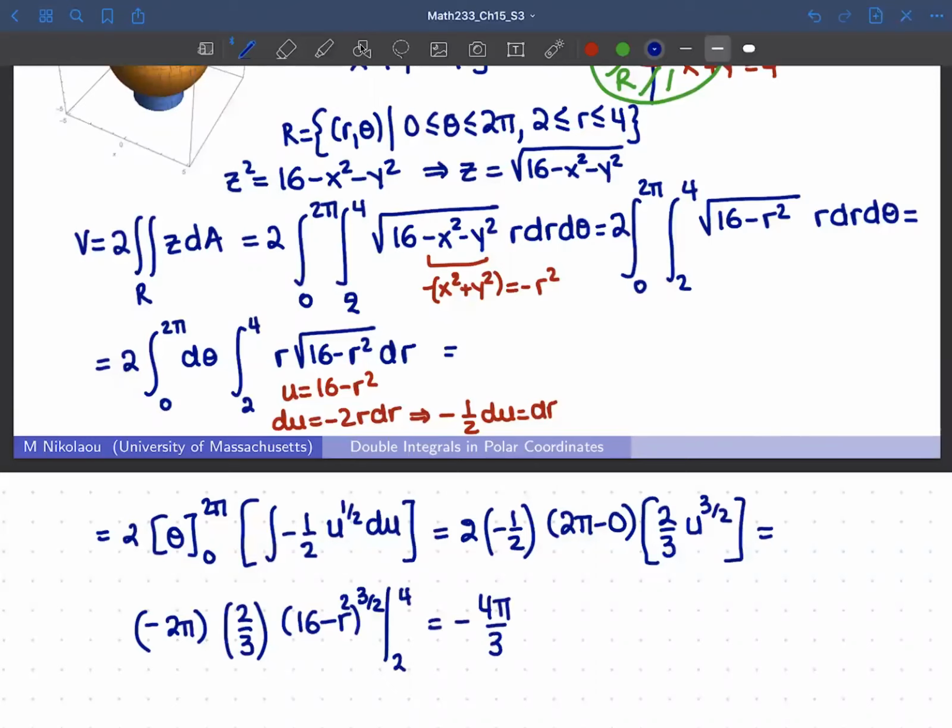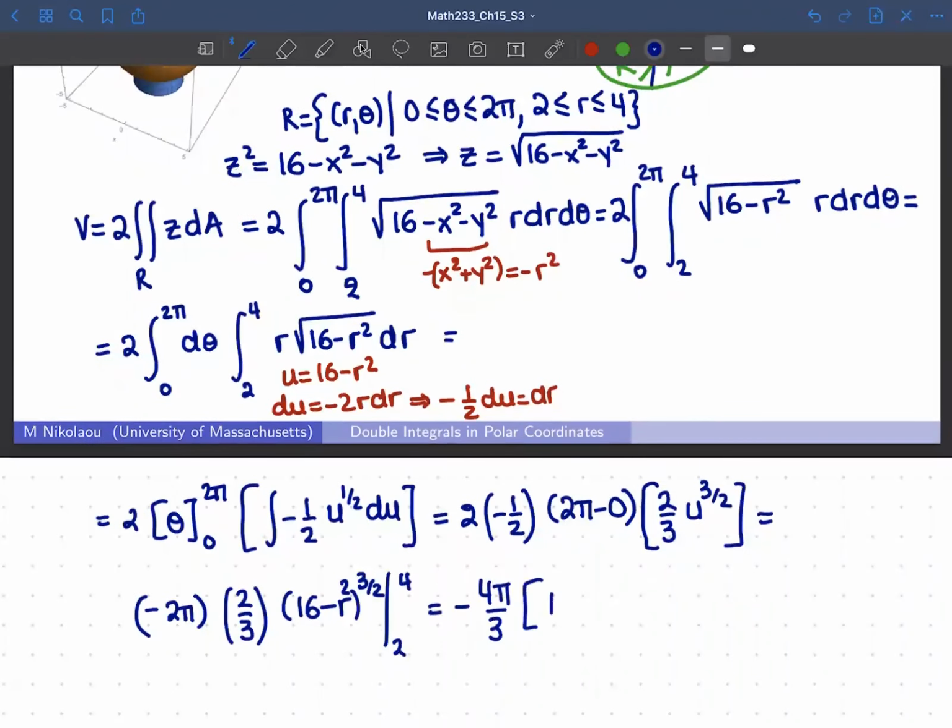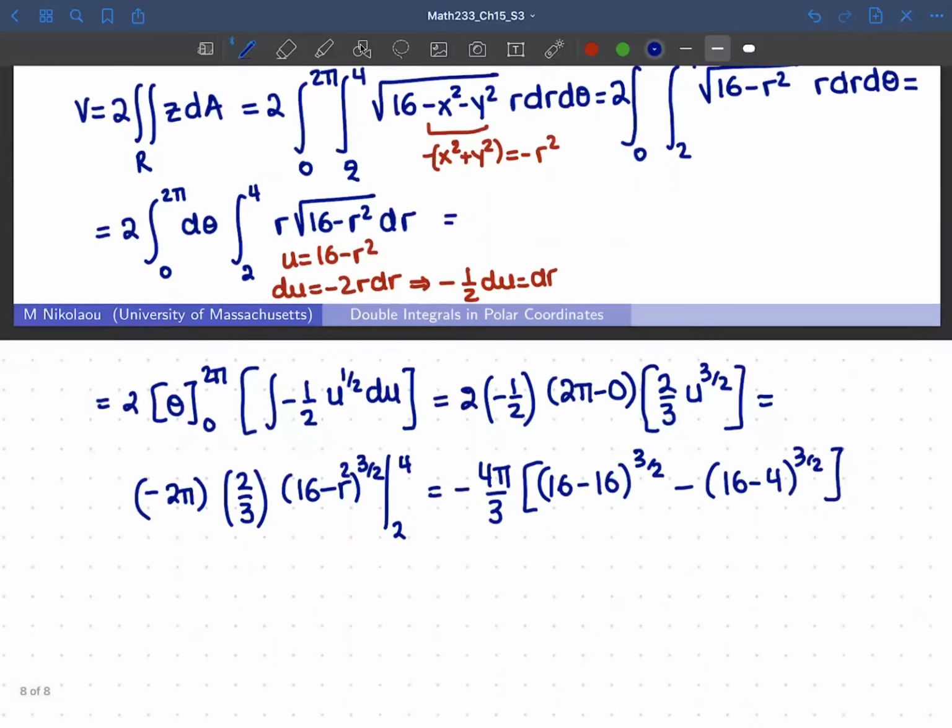For r equals 4, I have 16 minus 4 squared, which is 0 to the 3/2. And then minus, for r equals 2, 16 minus 2 squared, so 12 to the 3/2. So I get negative 4 pi over 3, and the first term is equal to 0, and the second term is 12 to the 3/2.